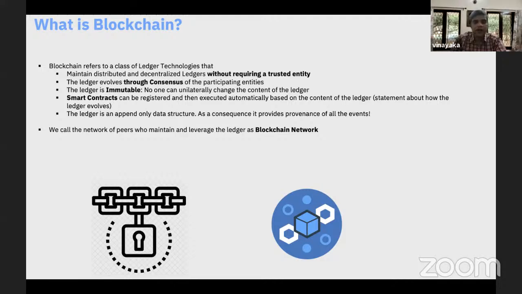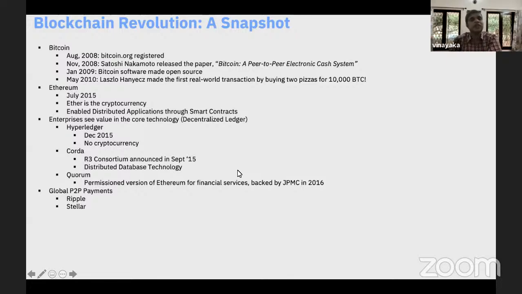If you have any questions about this, this is a good time to ask, but I'll just give a brief history. The first blockchain protocol in the last few years was called Bitcoin. You might have heard about it.